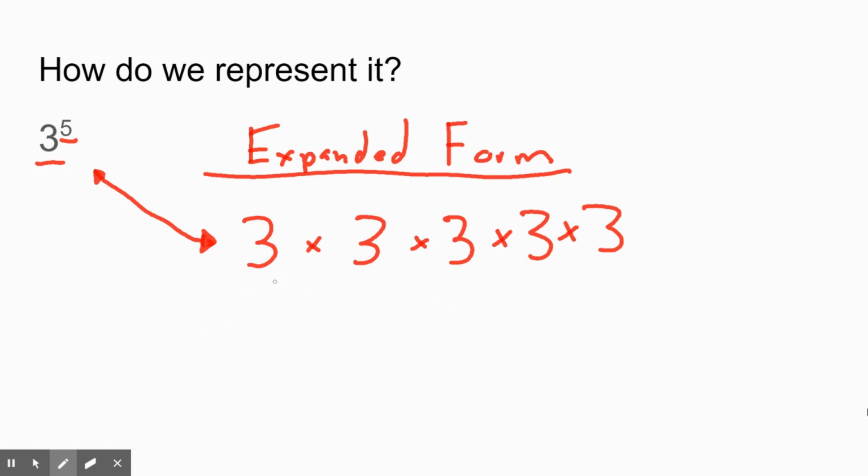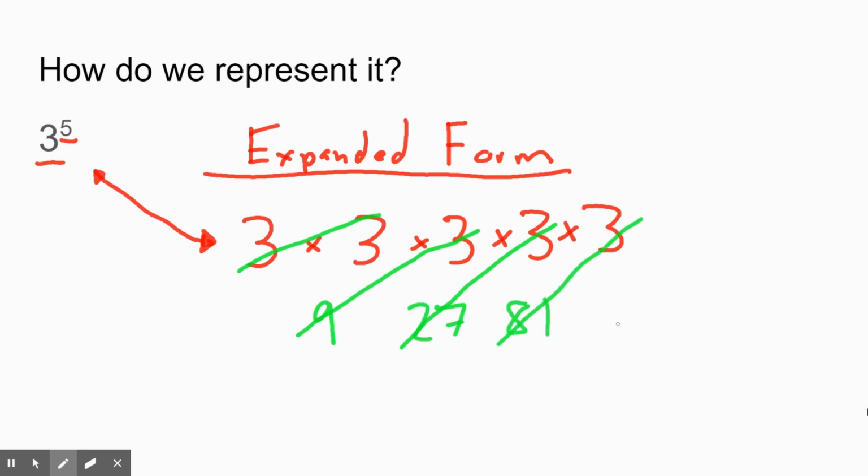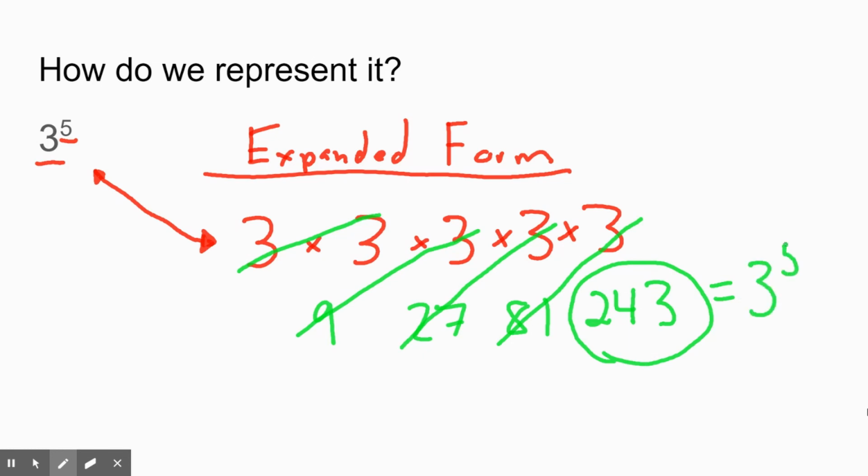The best way, I would suggest, is one number at a time. 3 times 3 is 9. 9 times 3 is 27. 27 times 3 is 81. And 81 times 3 is, of course, 243. So we could say that this power, 3 to the 5th, is equal to 243. We could also just write it in expanded form, whichever way works best.